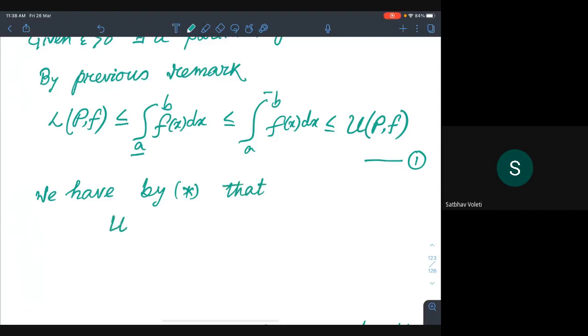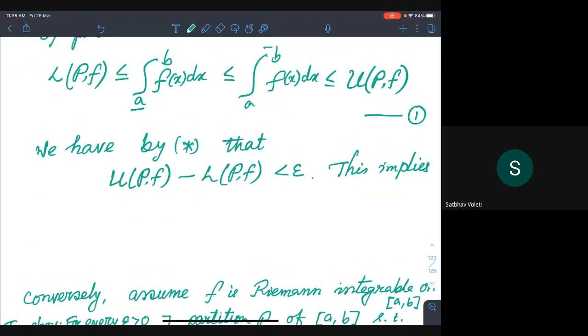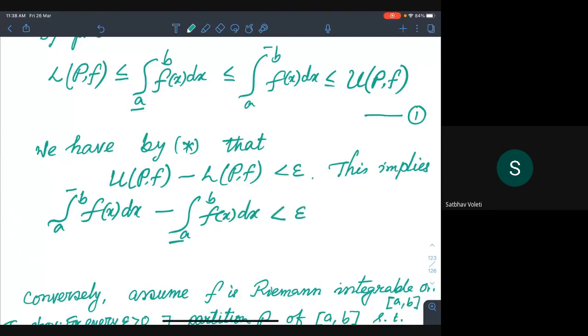This implies the upper integral of f(x) dx minus the lower integral of f(x) dx is less than epsilon, which lies in between this. An upper integral is bigger than the lower integral, so the difference is greater or equal to 0.